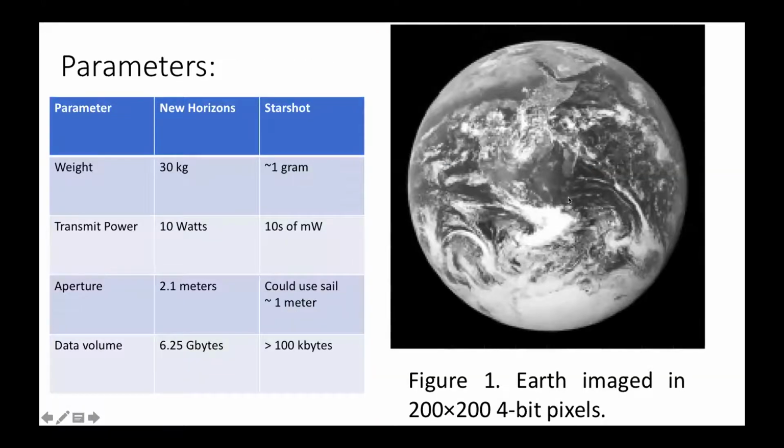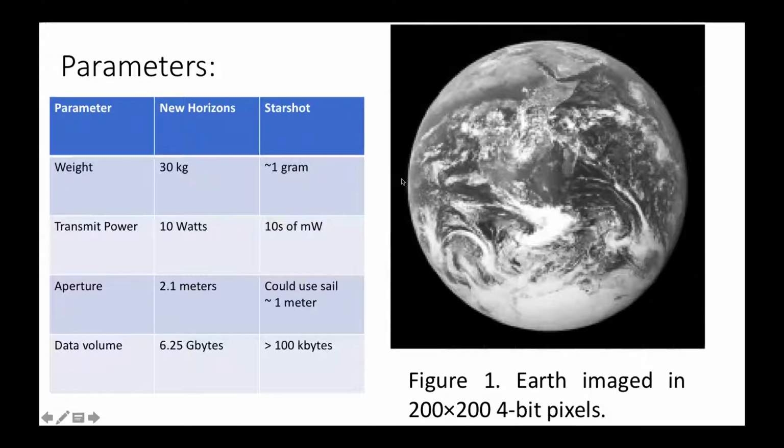This, by the way, is an example of an approximately 1 kilobyte image of the Earth. This is an image of the Earth that's been downsampled or reduced to 1 kilobyte of data.